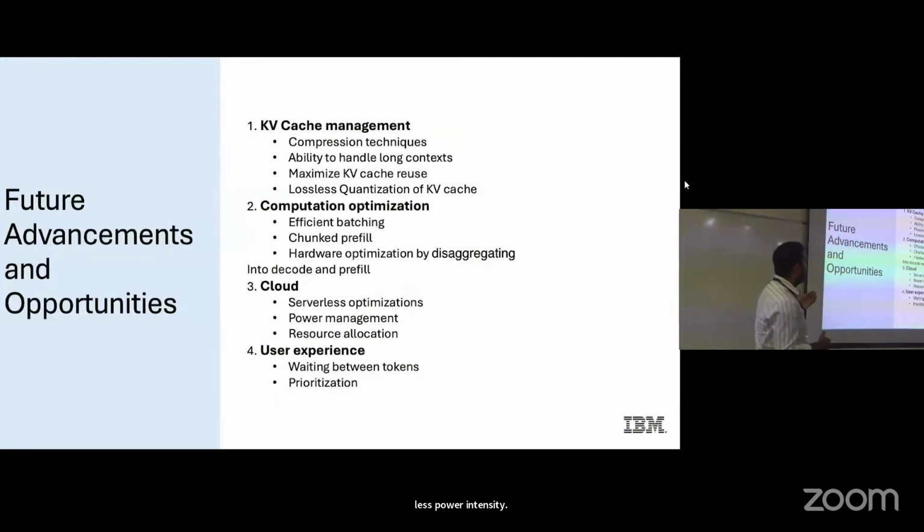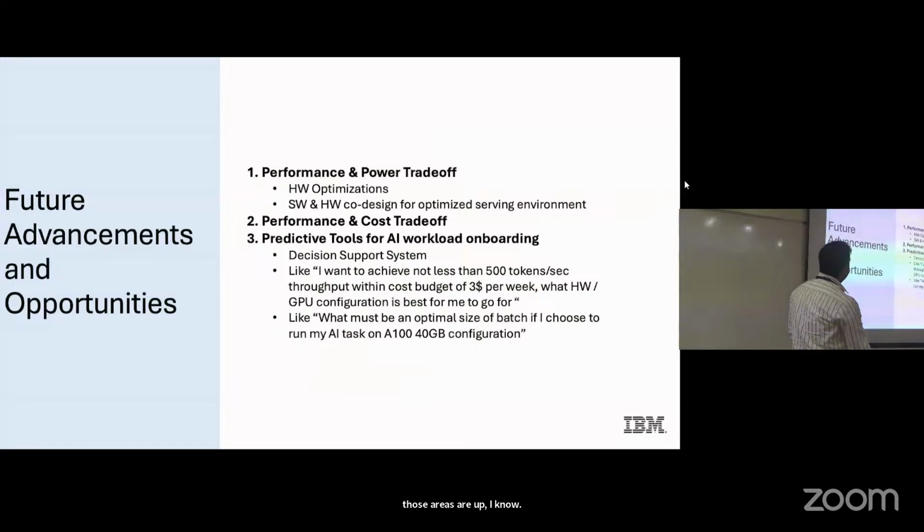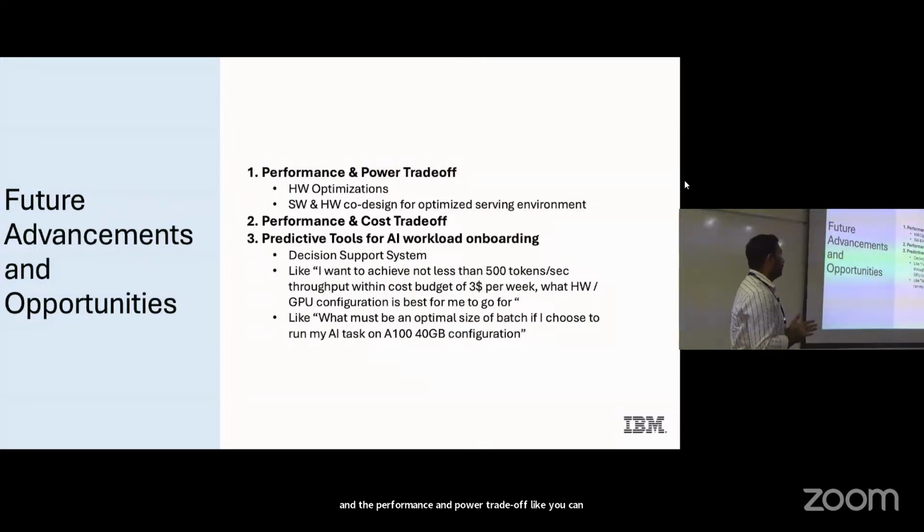These are some research areas, and the user experience is like, you can model the users, and those areas are of huge importance here. And the performance and power trade-off: you can use a lower power GPU or lower hardware GPU to serve the rarely used models. Coming to the third one here, you want predictive tools to support the user.